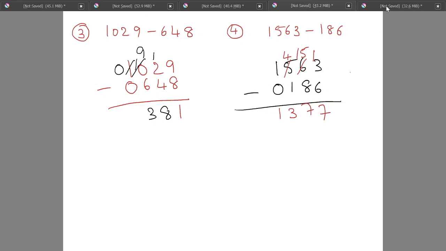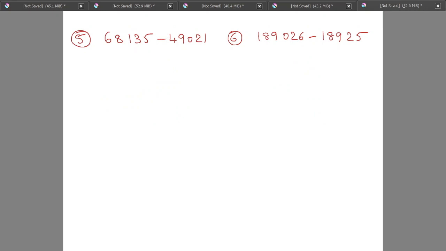Now let's move on to a bit bigger problems. Okay. Here we are subtracting a 5-digit number from another 5-digit number. Okay. So let me write it down. 61168 minus 49021.